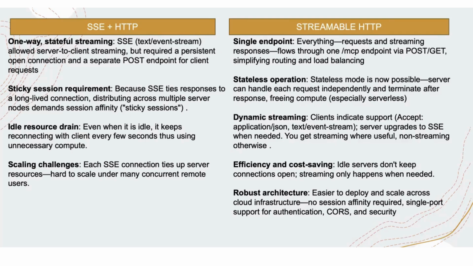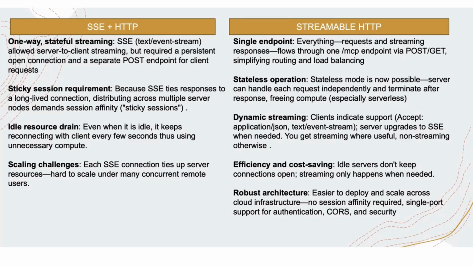Otherwise, I can have stateless operations where the server can handle each request independently and terminate after the response, freeing up the compute, right? And if I need SSE streaming, stateful, that also I can do. So it is most efficient. You don't need idle servers, don't need to keep connections open, and streaming only happens when needed, right?